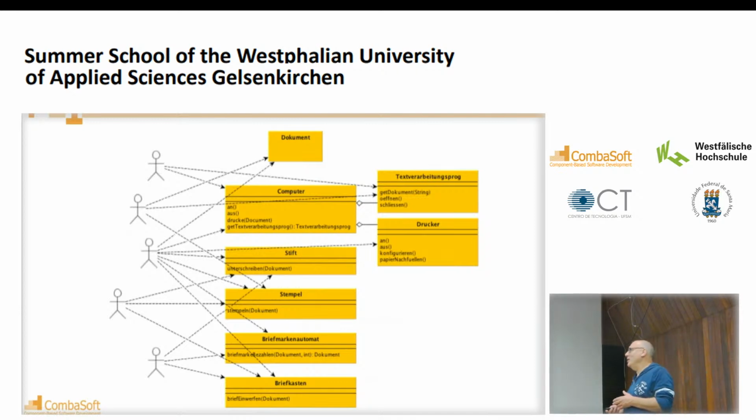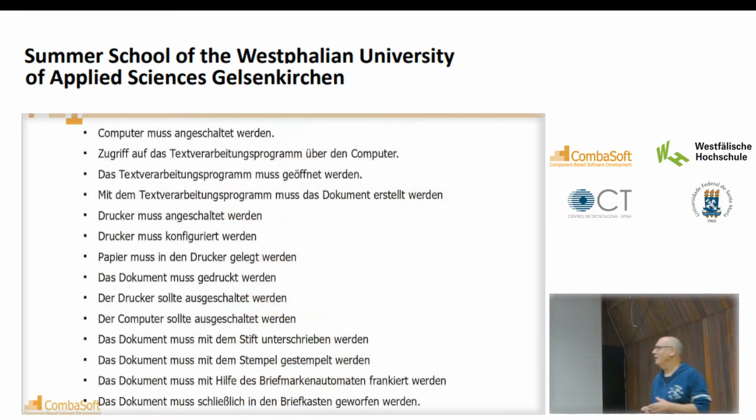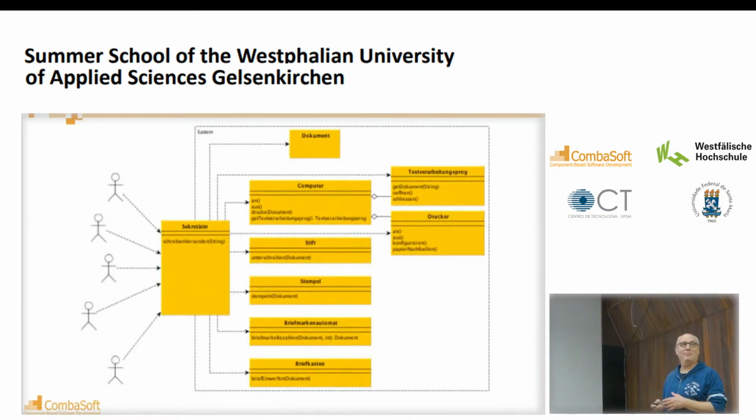So you can replace this with a secretary, a female secretary, beautiful, competent, nice. So you go to her and say, please do it for me. And then she has to do it. And because she has to do this stuff, she will optimize it. Because she has to do it now 50 times per day.